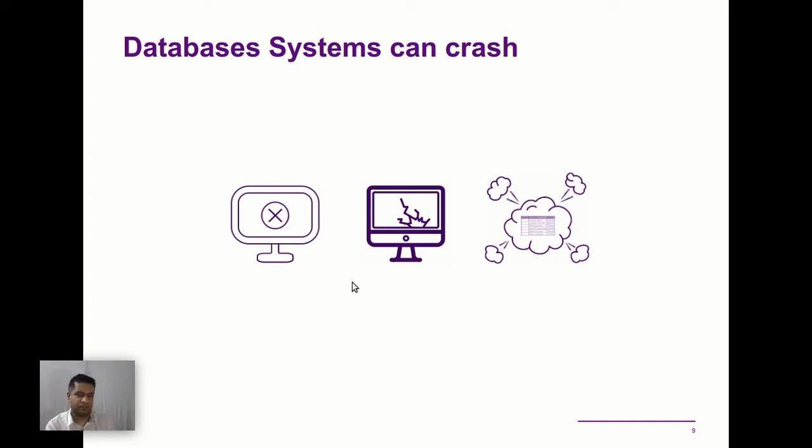It could be a natural disaster that crashes the data center that's maintaining this database. It could be a power failure. It could be physical damage to the device that's maintaining this data. A number of reasons could cause the same outcome, that is a crash. This is again not a problem just with databases, but any IT system can face this problem, but it exists nonetheless.